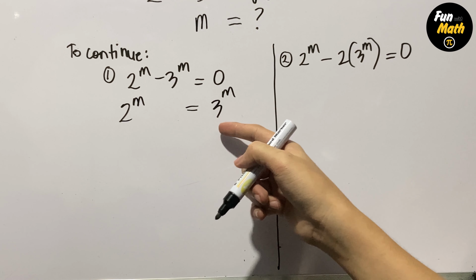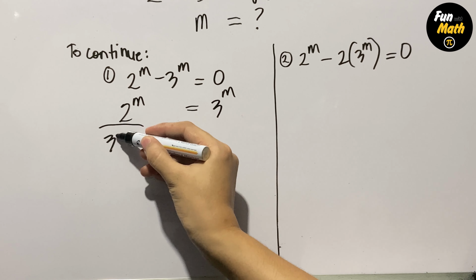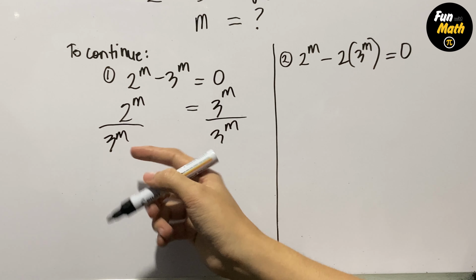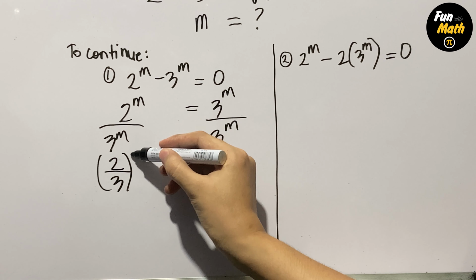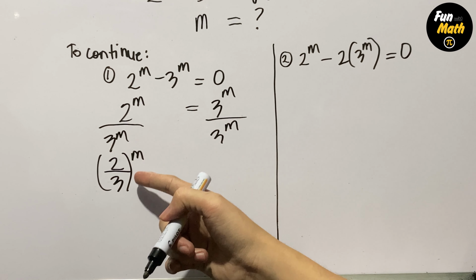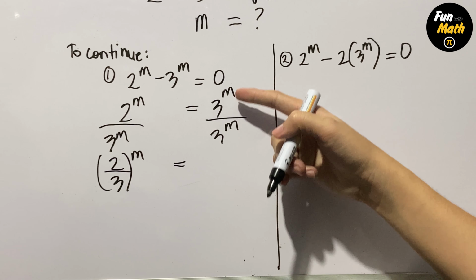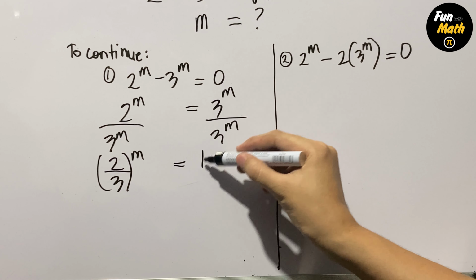So since the highest is 3 to the power of m, we need to divide both sides by 3 to the power of m. Here we can write it as (2 over 3) whole to the power of m, since they have the same power, equals 3 to the power of m divided by 3 to the power of m. This is equal to 1.